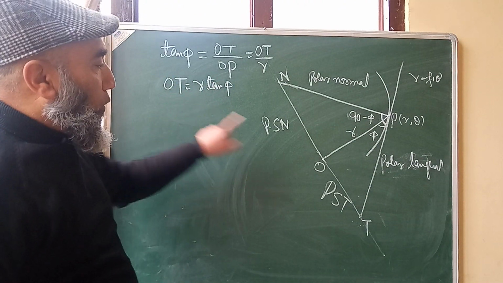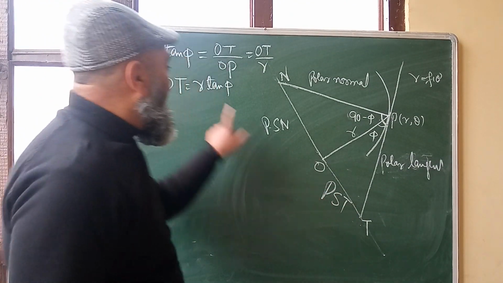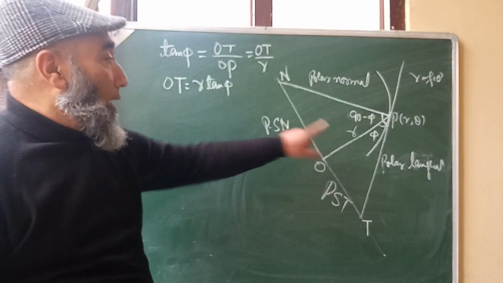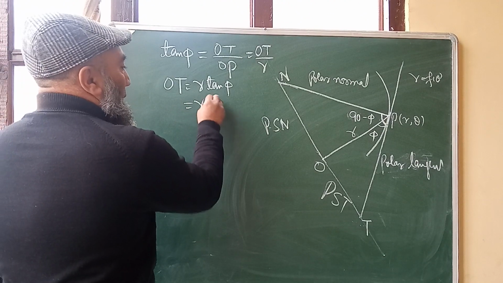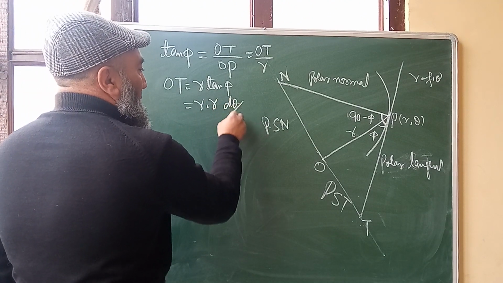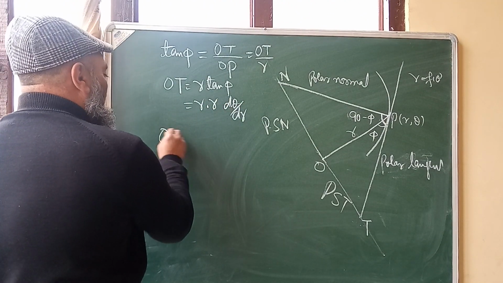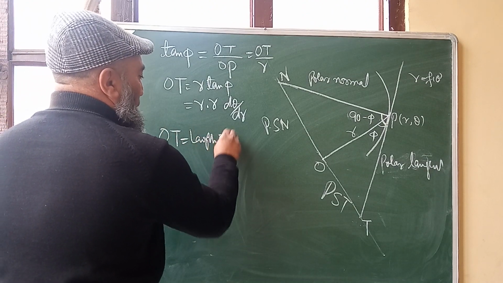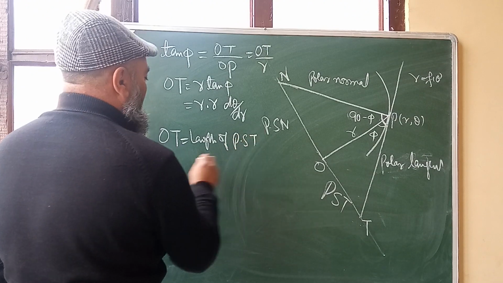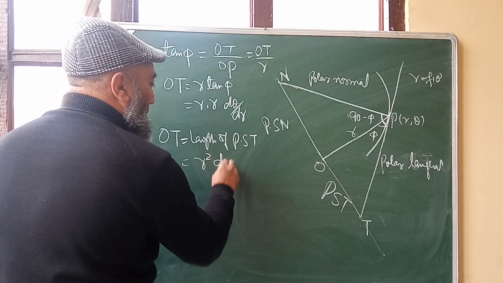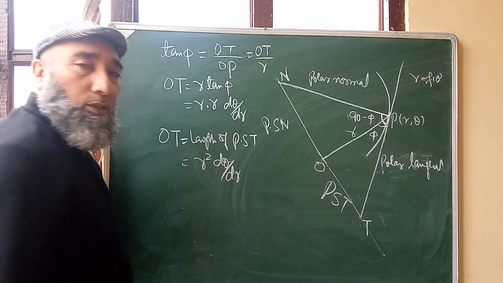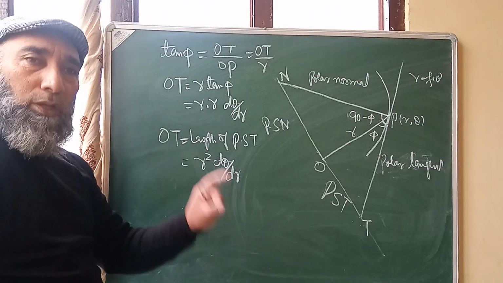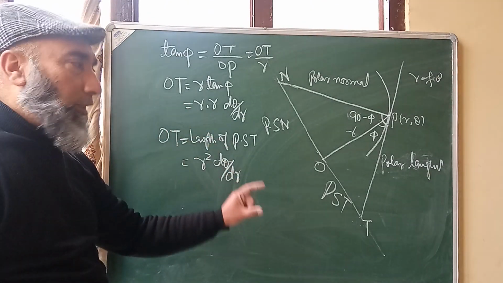So the length of OT, the polar subtangent, is r tan phi. But we know tan phi is r d theta by dr. So the length of the polar subtangent is equal to r square d theta by dr. You have to remember it once for all.